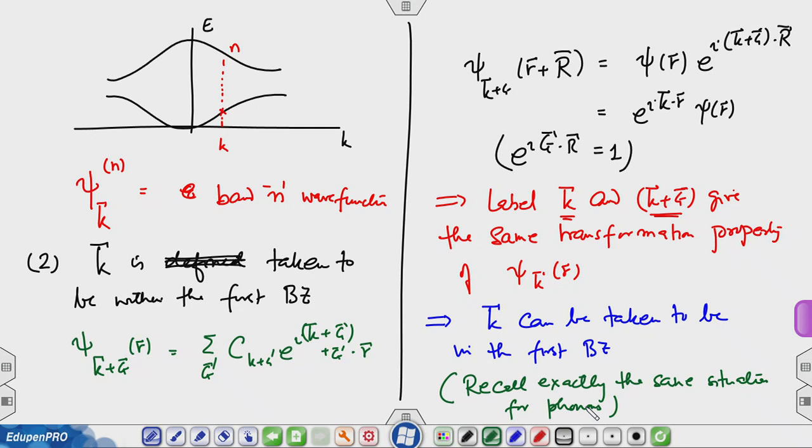So, properties of solution should be independent of what kind of driving force or what kind of system I am talking about. That is the kind of mathematical structure one is talking about, that there is a periodic driving force. So, property should be the same. And in this periodic system, the displacement in the case of phonons or the wave function in case of electrons can be labeled only by k in the first Brillouin zone.